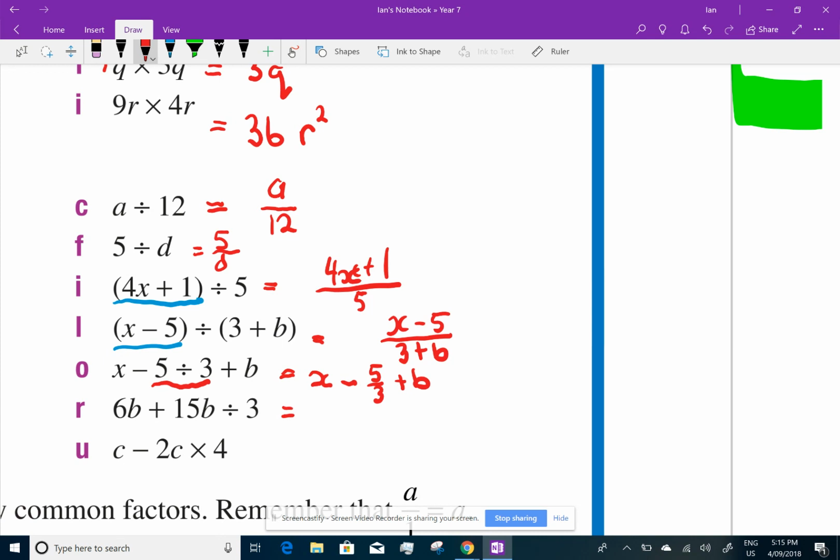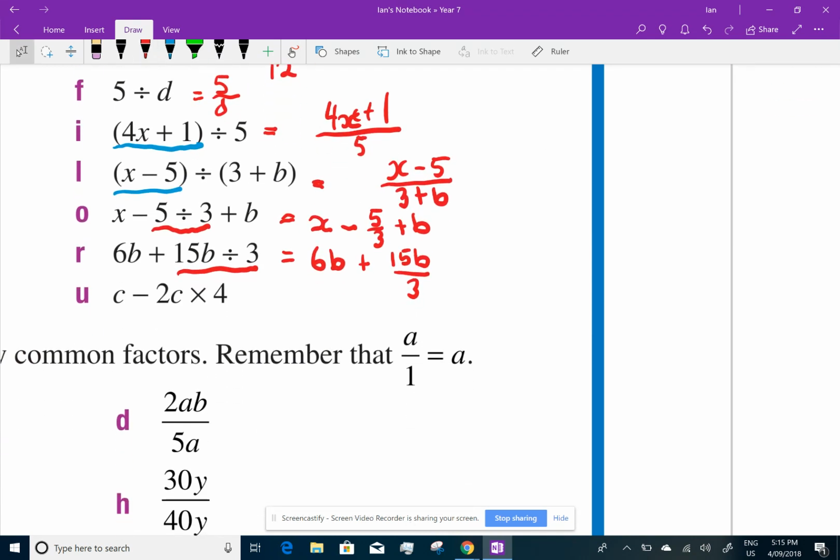Again, we have to be careful here. Here's the only thing being divided. The 6b stays here. And I've got 15b on 3. Now here's our problem. This is hard. This is like simplifying a fraction.